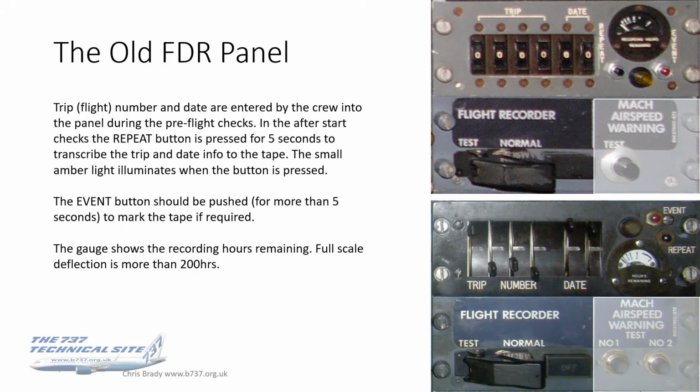In the after start checks, you press the repeat button, hold that for 5 seconds, and that transcribes that trip and date number onto the metal tape, and you get a little amber light illuminating while you're pressing that button. If you have an event in flight that you think needs flagging up, then push and hold the event button for more than 5 seconds to mark the tape.